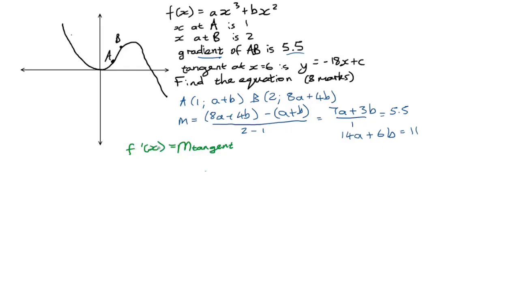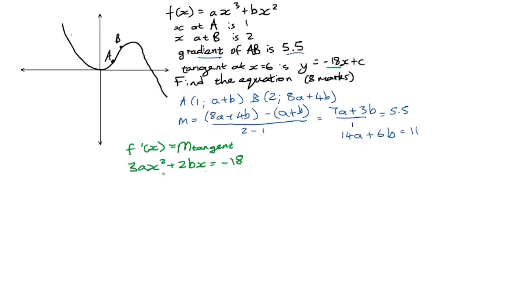So the derivative, yep, that's cool, I can do it: times the power by the front and drop the power by 1, times the power up here by the coefficient and drop it by 1. So there's the derivative, and that gives me the gradient of the tangent, and there's the gradient.